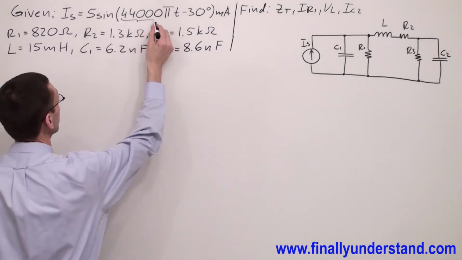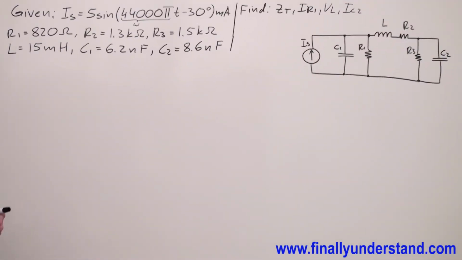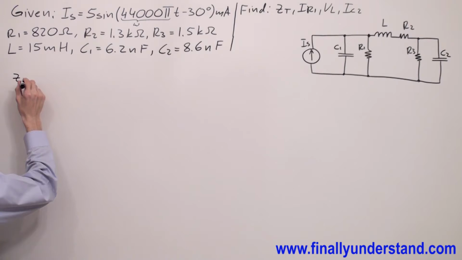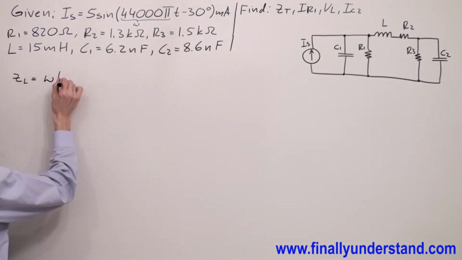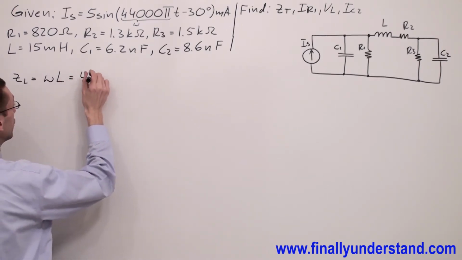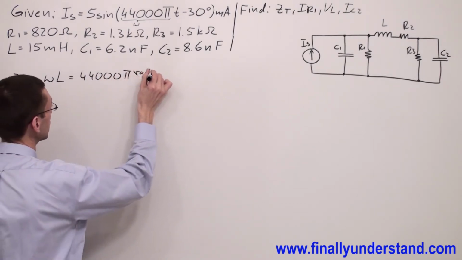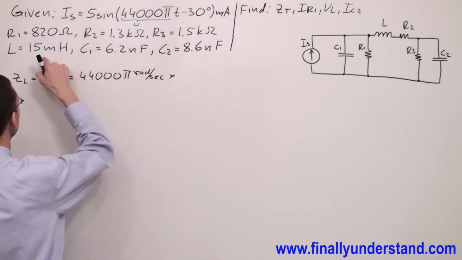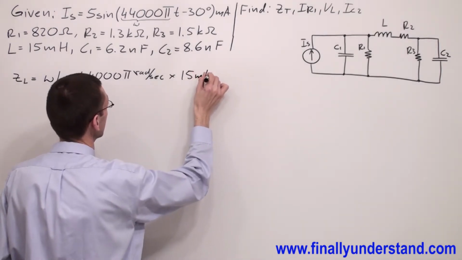Okay, so we're supposed to write that the impedance of the inductor is equal to omega L, where omega is equal to 44,000 pi radians per second times the inductance, which is equal to 15 millihenries.